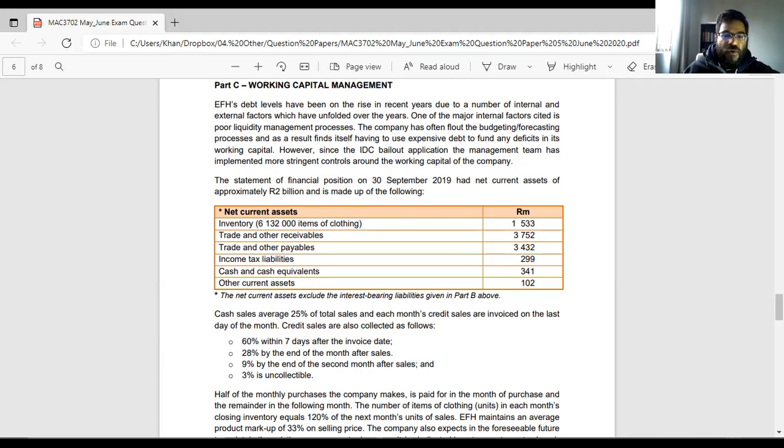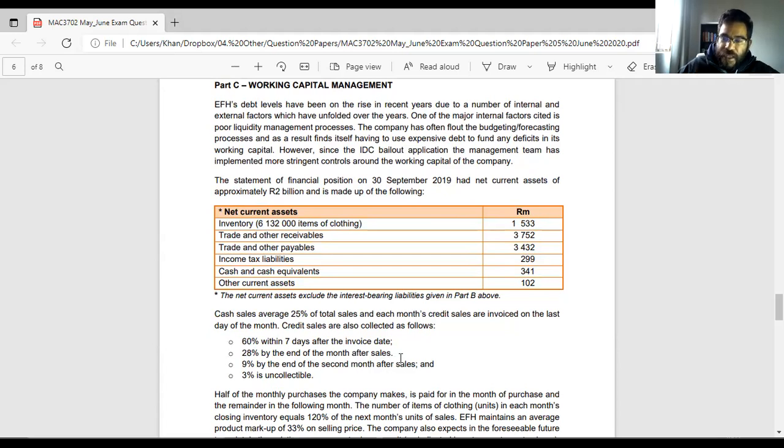Credit sales are collected as follows: 60% within 7 days after the invoice date. So if you made credit sales in October, the invoice is only sent out 31 October, so 7 days from the invoice date would be 7th November. Take note of that. Then 28% by the end of the month after sales.